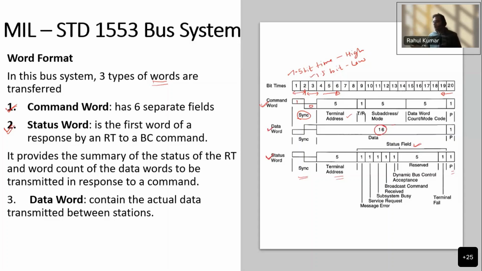If you look at the synchronous signal, it is just the inverse of the command and status word. Okay, so it is low for 1.5 bit time and then high for another 1.5 bit time.